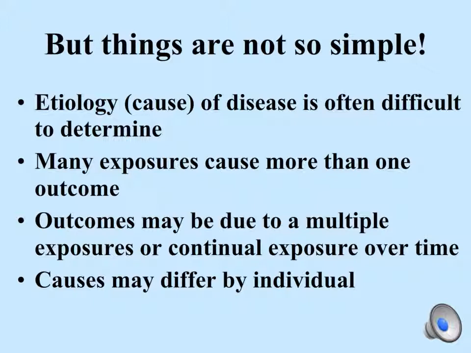Many exposures cause more than one outcome, and outcomes may be due to multiple exposures or continual exposure over time or exposure only in a particular context. And of course, causes may differ by individual depending on the genetic makeup and other characteristics of the individual.